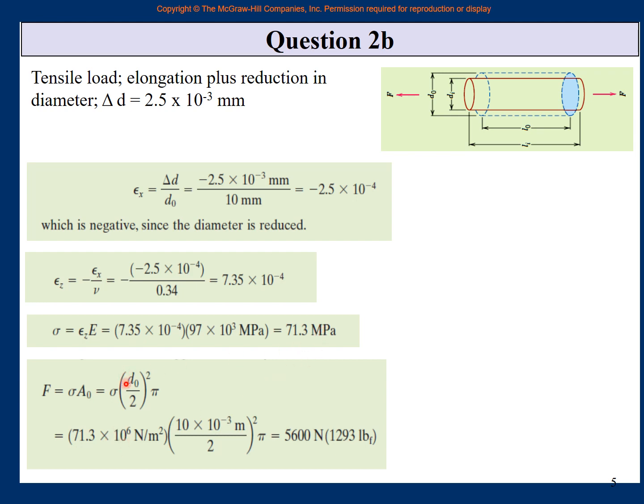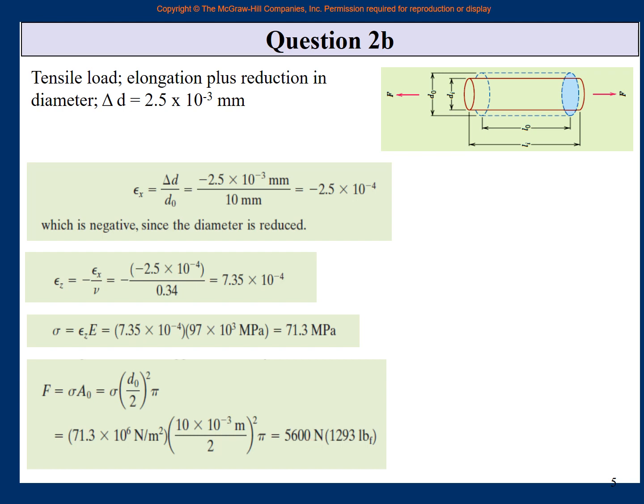D naught is given already, so write the D naught, but now in meters. Remember, not in millimeters. D naught was 10 millimeters, so 10 into 10 raised to minus 3, this 2 is already there, and this comes out to be 5,600 Newton roughly, or you could write 5.6 kilonewton.